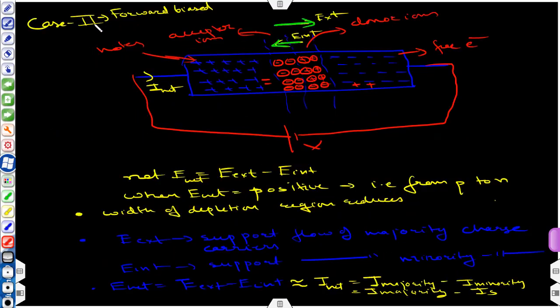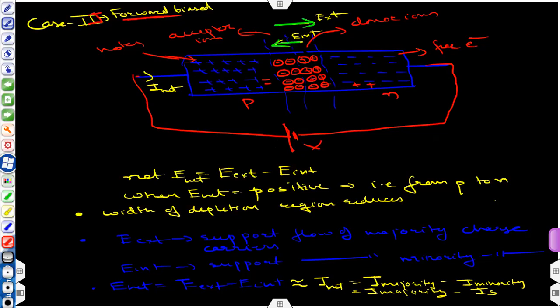Third case, case 3, when your diode is forward bias, means when you connect this P terminal to the positive side of the battery and this N terminal to the negative side of your battery. Okay, so again you will be having two components of electric field.